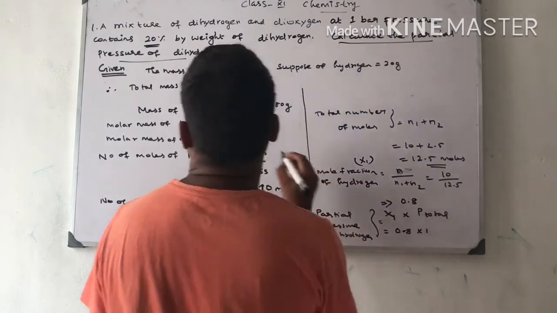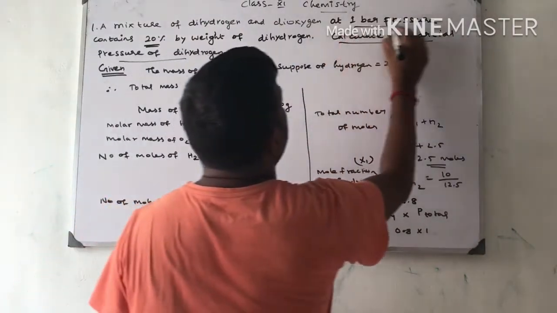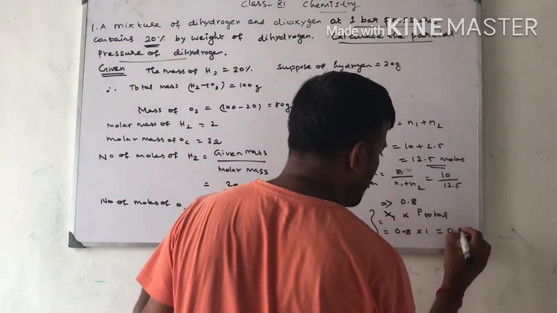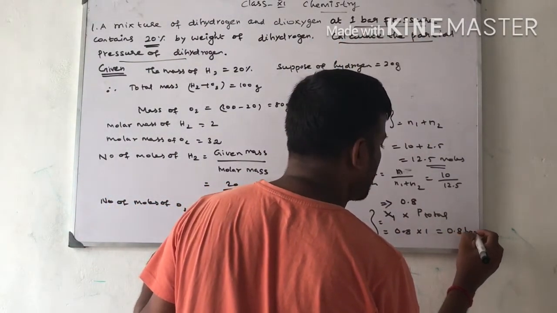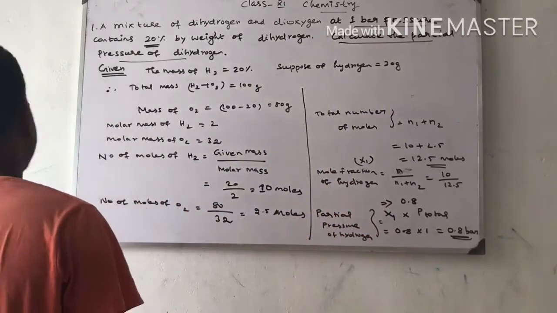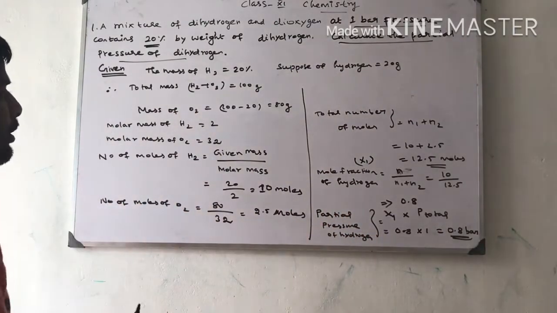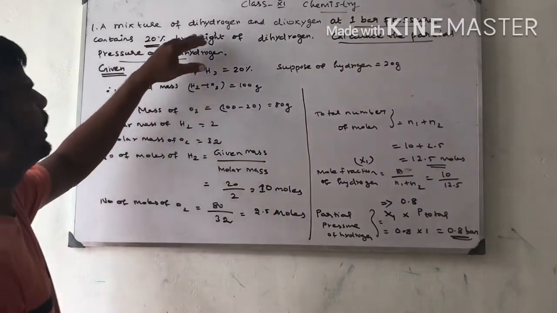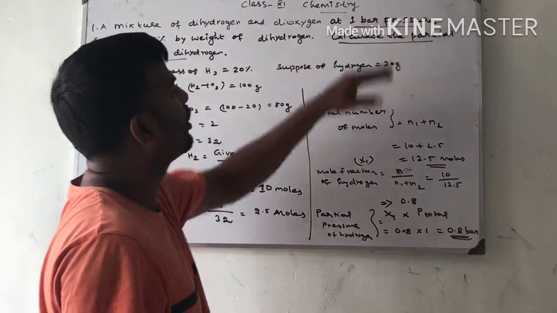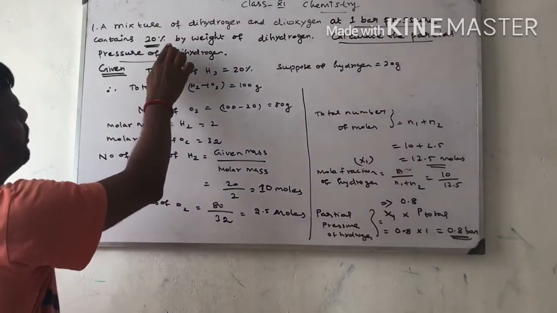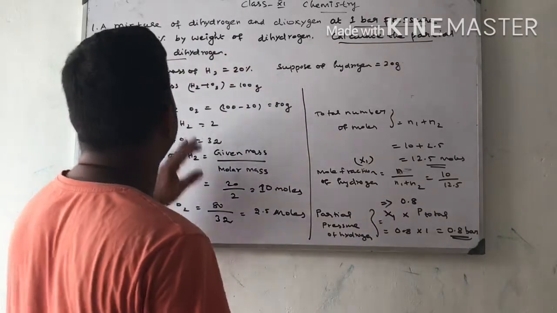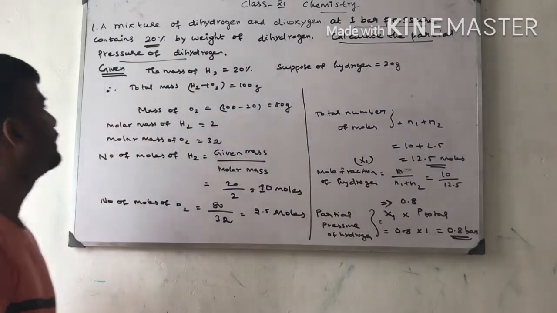P total is 1. What is the pressure here? 1 bar pressure. Therefore 0.8 bar. This is the answer for this question. Step by step I will explain. A mixture of dihydrogen and dioxygen at 1 bar pressure contains 20% by weight of dihydrogen. Calculate the partial pressure of dihydrogen.